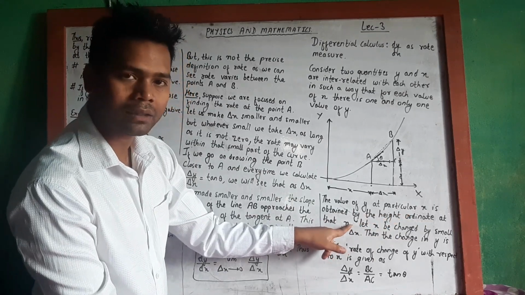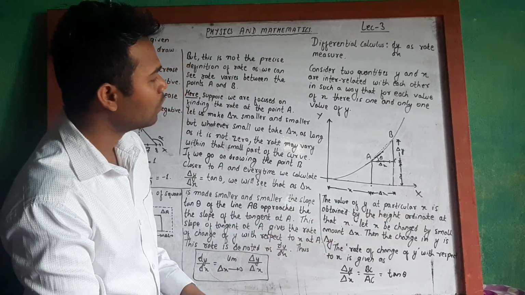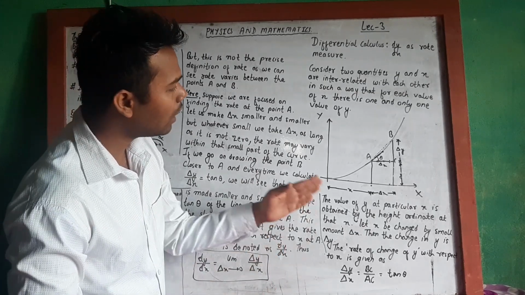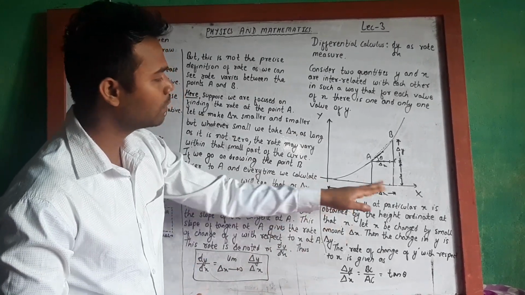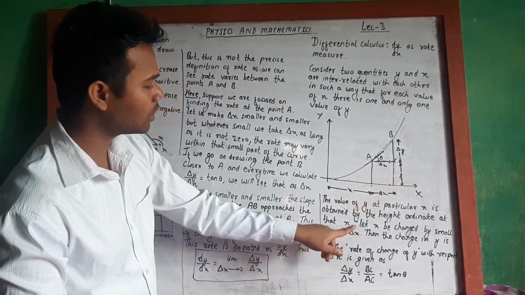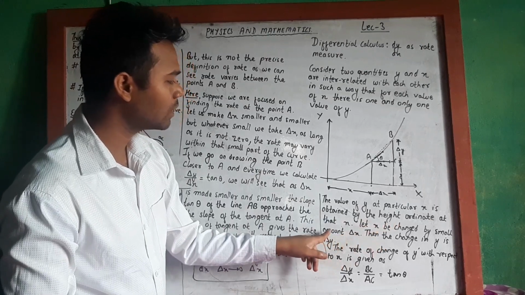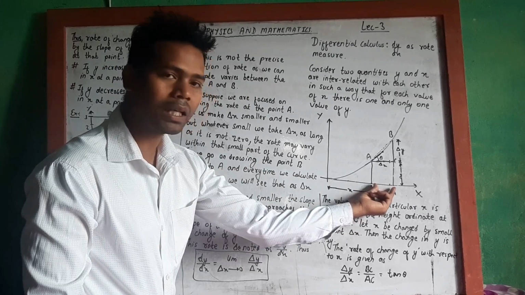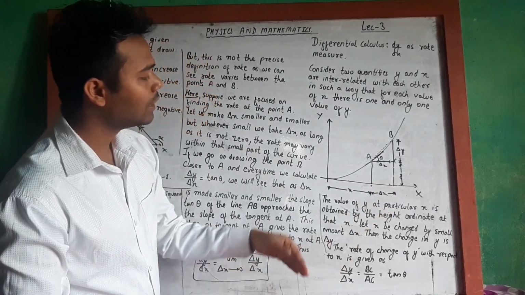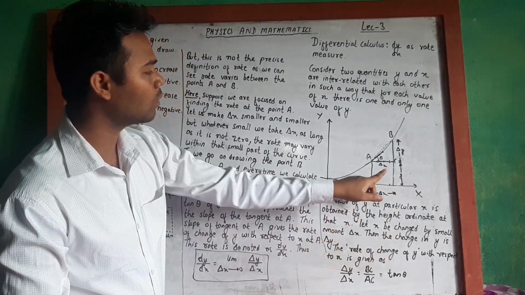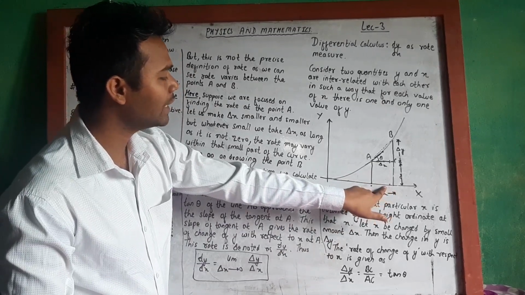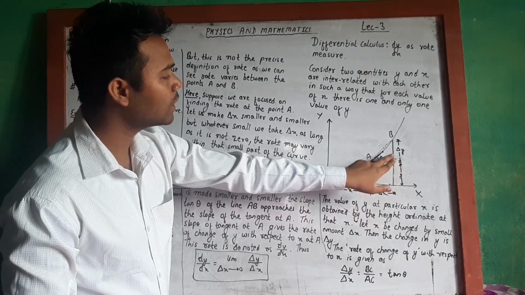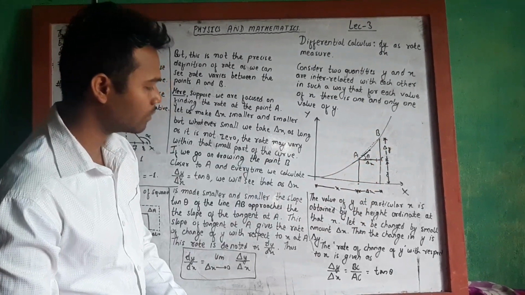Our main task here is to find how y is changing with respect to x. Let x be changed by a small amount del x, and let the corresponding change in y be del y.